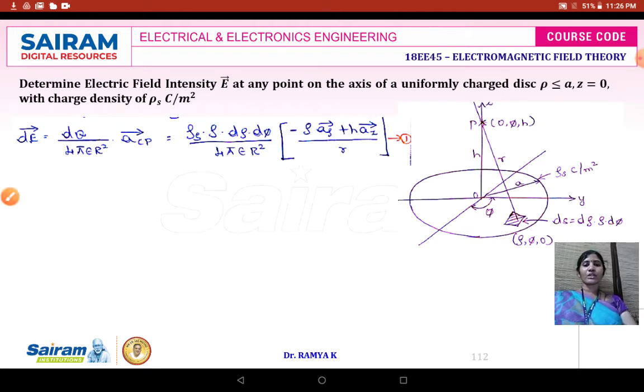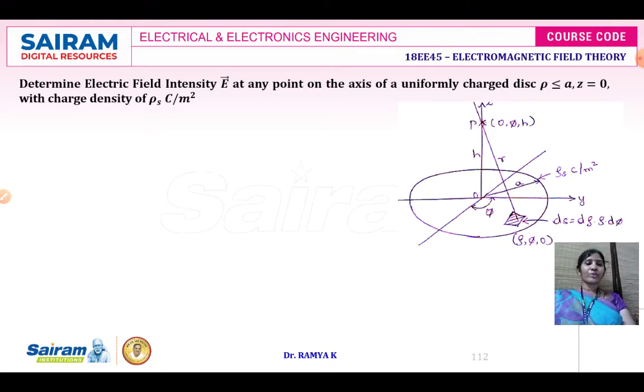So dE is rho s times the differential area, dS, divided by 4 pi epsilon r square. The dS can be written as rho d rho d phi, divided by 4 pi epsilon r square.